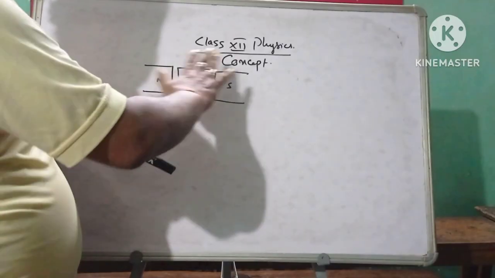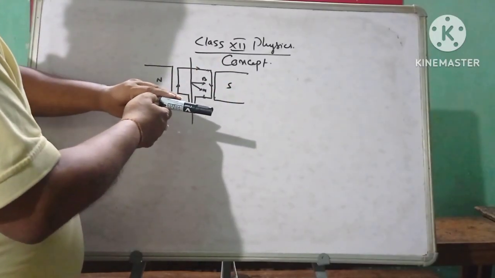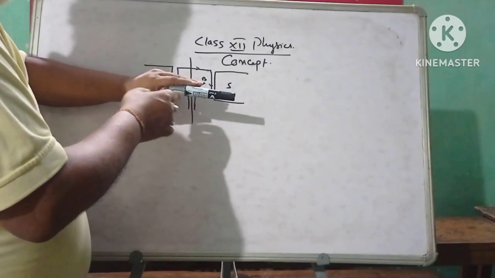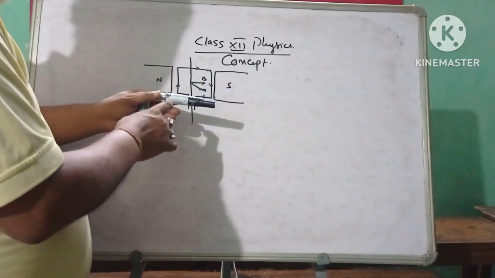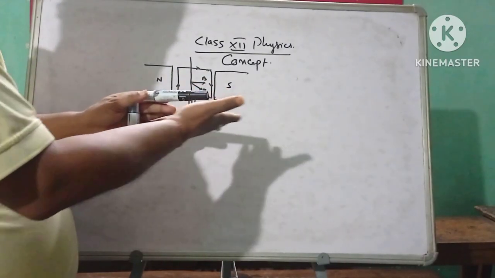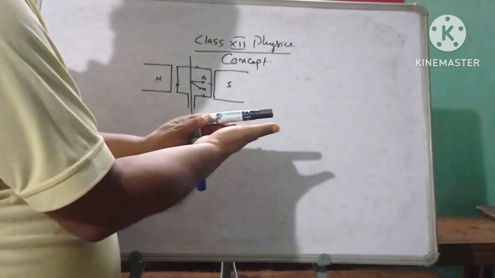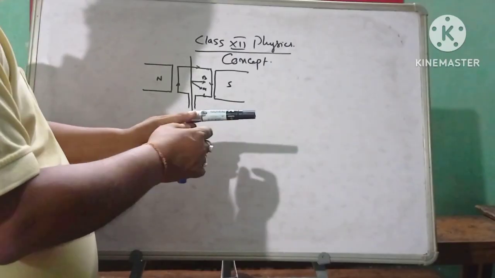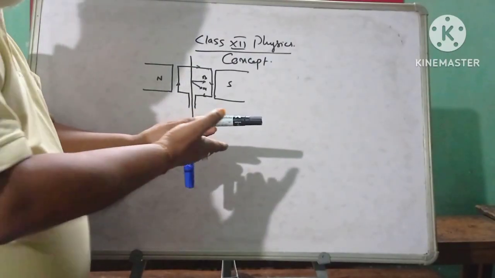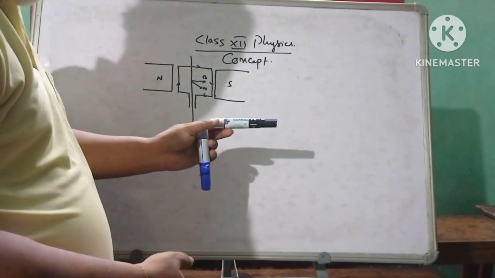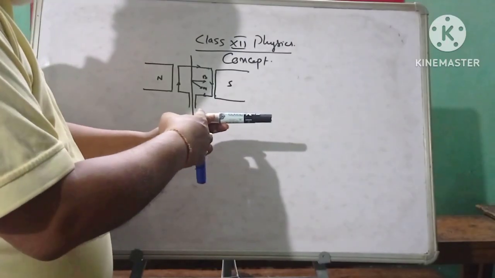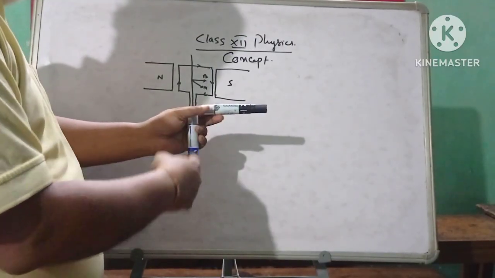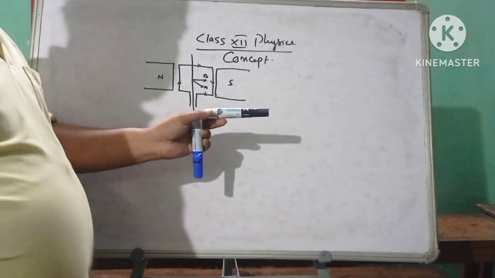If you consider this as a plane, this is the plane of this coil. So your magnetic field is in this direction, and the torque will be in this direction, perpendicular to both the magnetic field and the direction of the dipole.